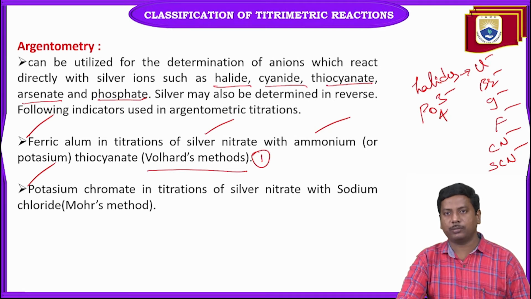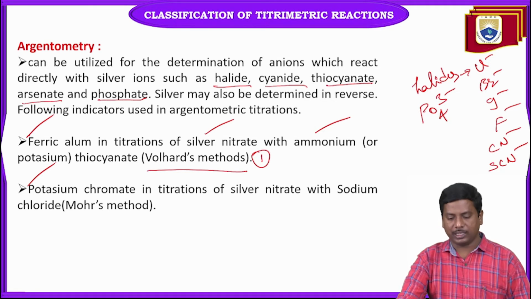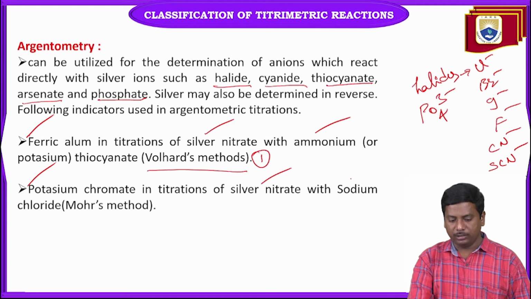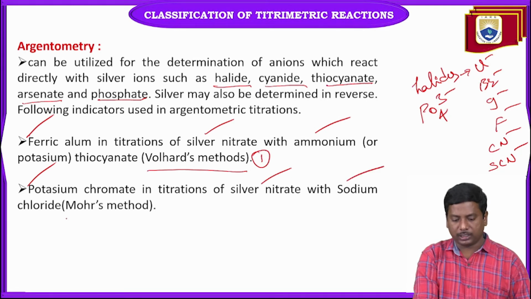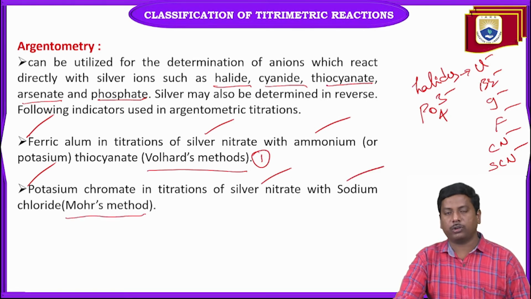The second indicator is potassium chromate, especially in the determination of halides. This is done between silver nitrate and sodium chloride, and that is called Mohr's method. Mohr's method means the required indicator is potassium chromate.